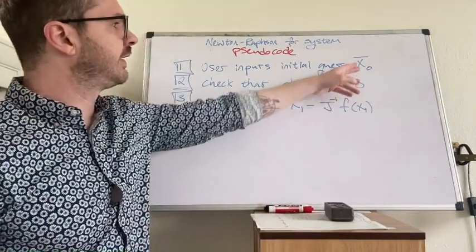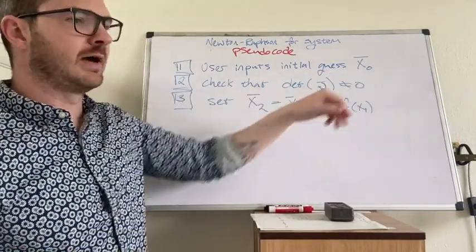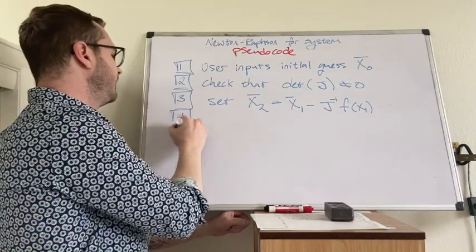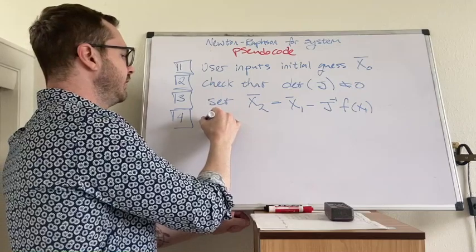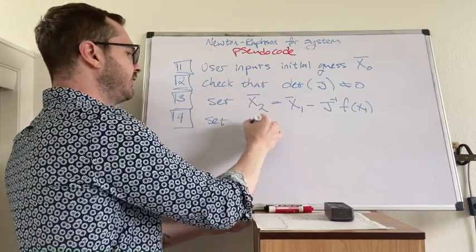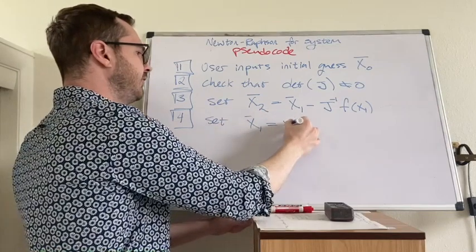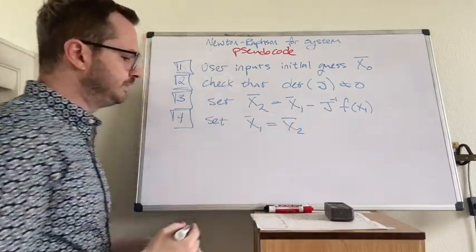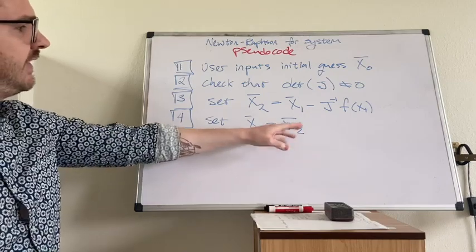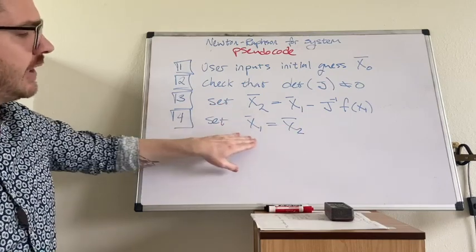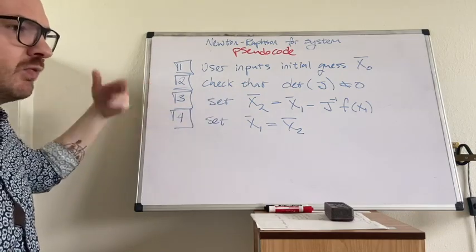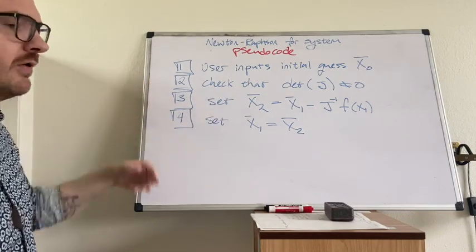Clearly for the first round, x1 is equal to x naught. Next, we're going to set x1 equal to x2. We've seen this before. This is just taking this updated value and overwriting x1 such that the previous step 3 can be run in a loop iteratively.